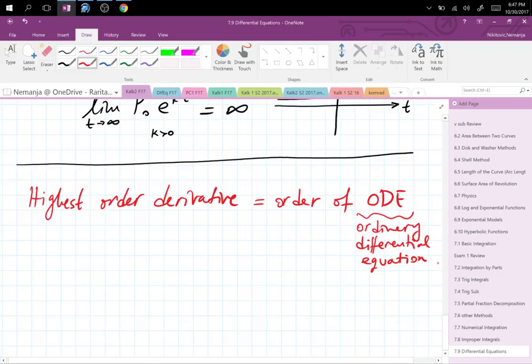Or the ordinary concept we're talking about tonight. So now, the equation which we just solved is a first order differential equation because it only contained the first derivative. We can have second derivative, third, fourth, and so on.